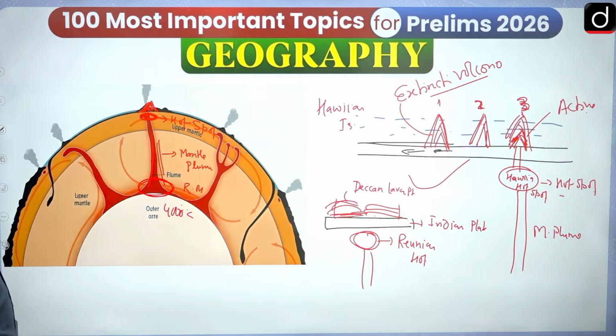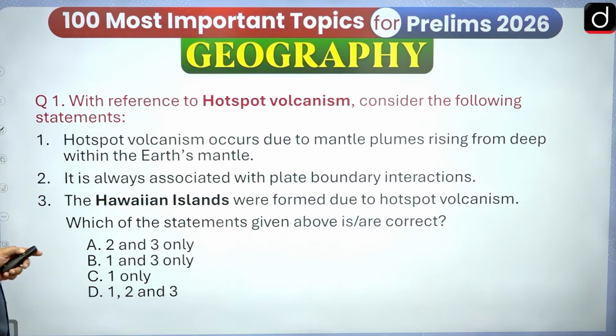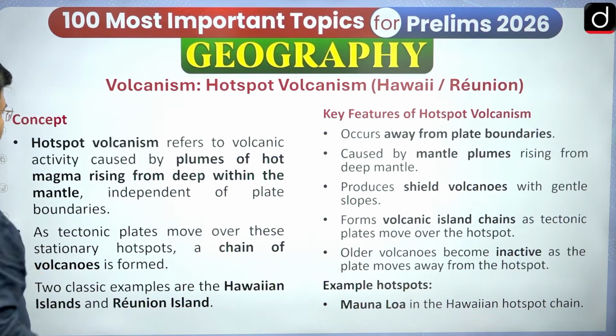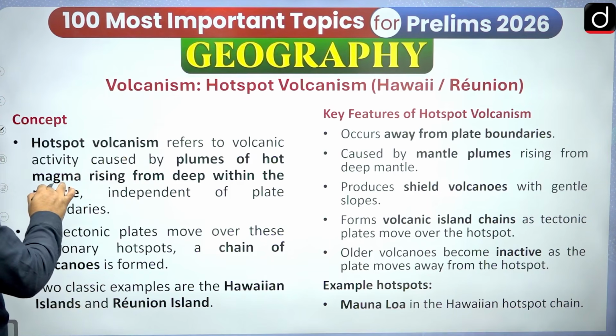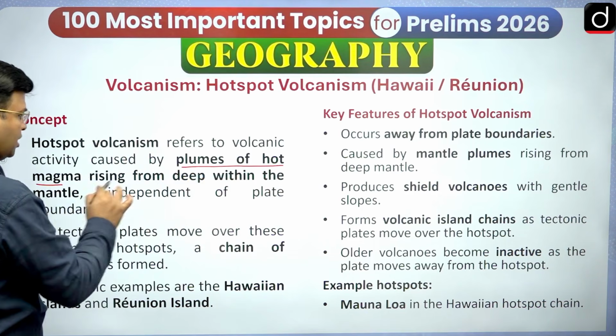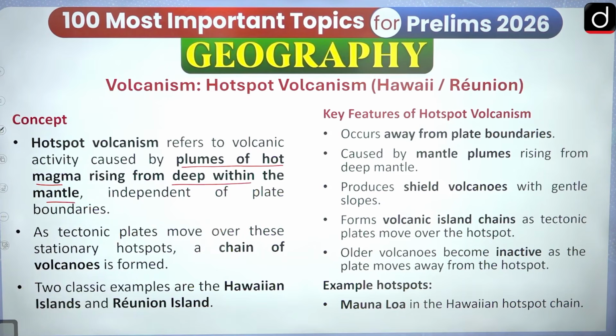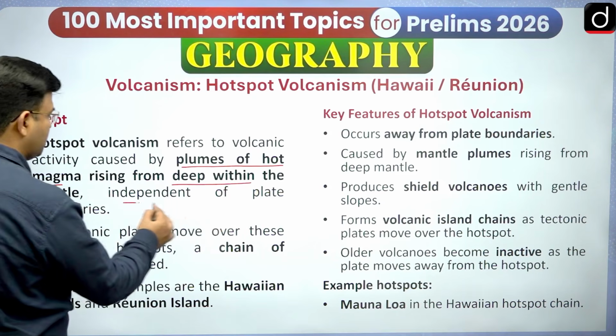Now we are moving towards questions based on this, and let us see some statements regarding that. Hotspot volcanism refers to volcanic activity caused by mantle plumes of hot magma rising from deep within the mantle. It is independent of plate boundaries.